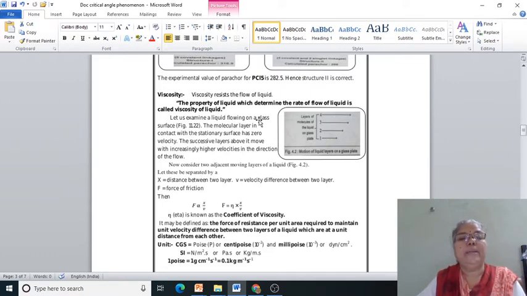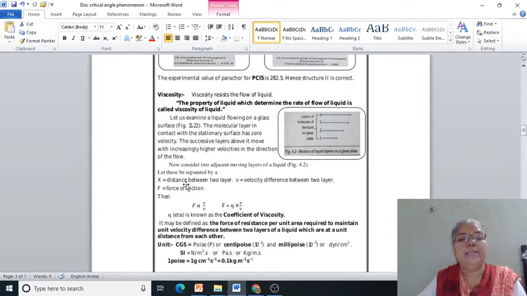Here is the explanation of this diagram: the molecular layer in contact with the stationary surface has zero velocity. Then the successive layers above it move with increasingly higher velocities in the direction of the flow. Now consider two adjacent moving layers of the liquid. Let these be separated by a distance x.